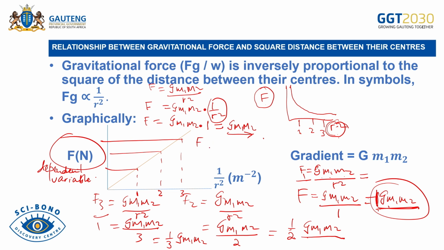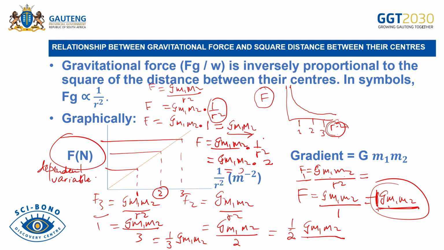F equals G m1 m2 over R squared, the same thing as G m1 m2 times 1 over R squared. Now, what is my 1 over R squared? It is 2. Then what am I having here?